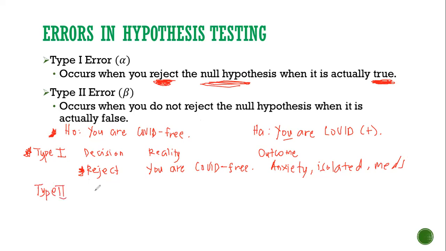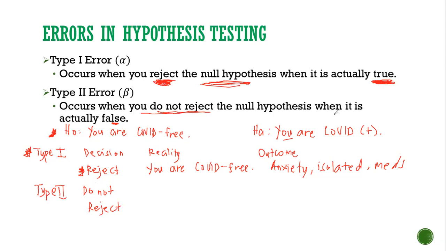Type 2 error natin. So ang decision natin, do not reject. Oh, wag mo daw i-reject. Yan ha, sa type 2 error. Pero wag niyong gagawin to ha. Do not commit the errors. Okay. You do not reject the null hypothesis when it is actually false. False ang ating null hypothesis. So anong kabaliktaran nito? Since false daw ito na hindi siya COVID-free, ano nga yun?